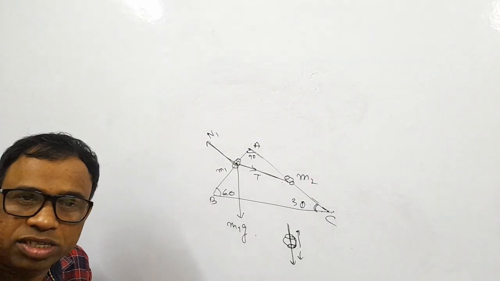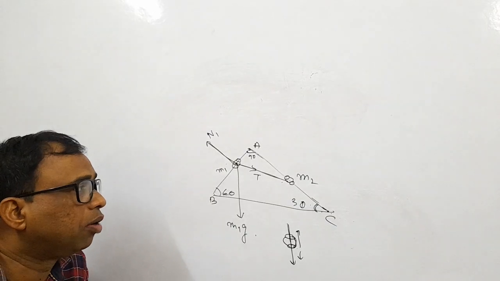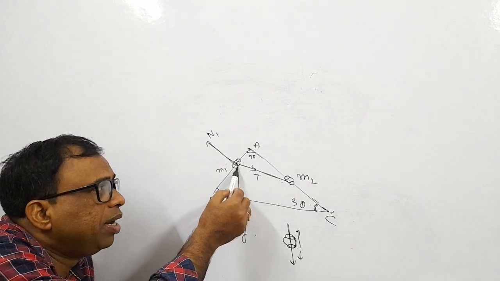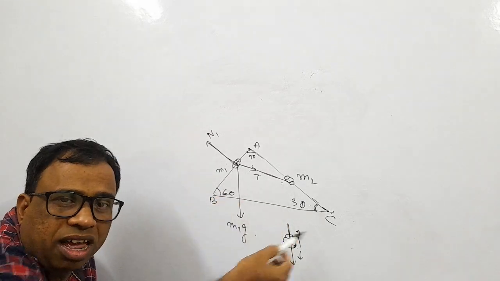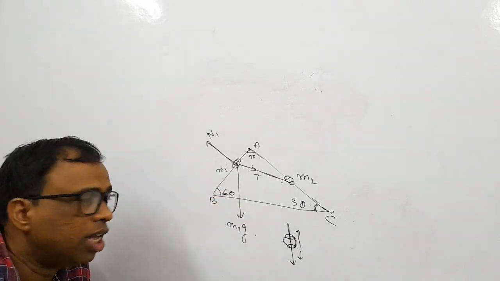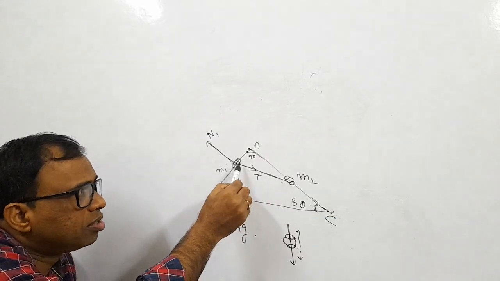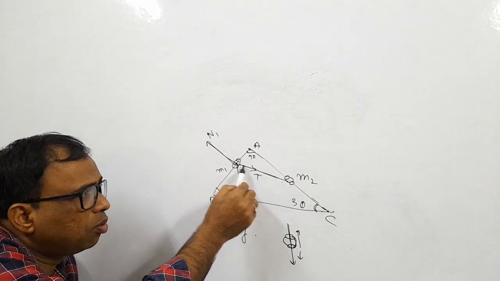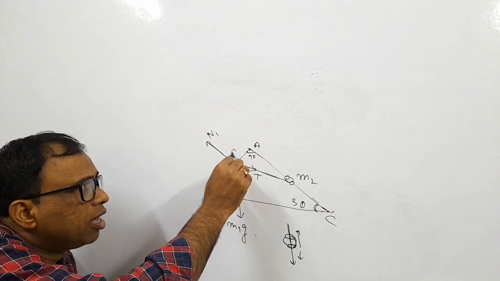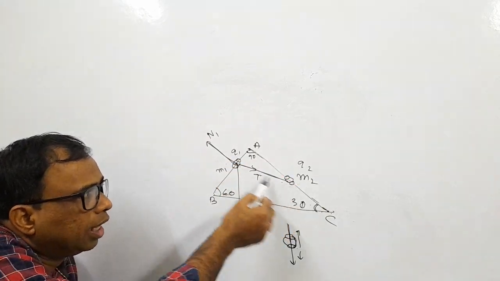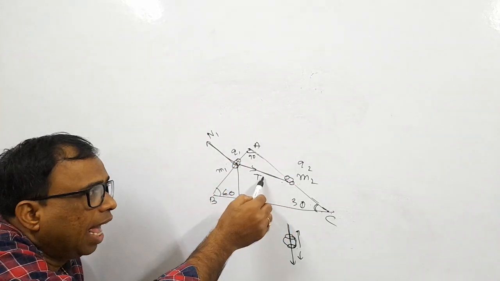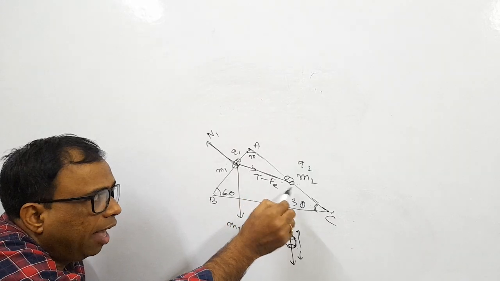Sometimes electrostatics comes in with this equilibrium, because if the beads have charges Q1 and Q2, then there must be some electrostatic force, and this should be repulsion. Then you get another electrostatic force, and the net force along that direction is T minus Fe.